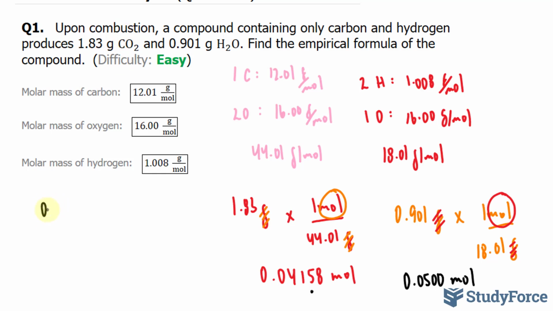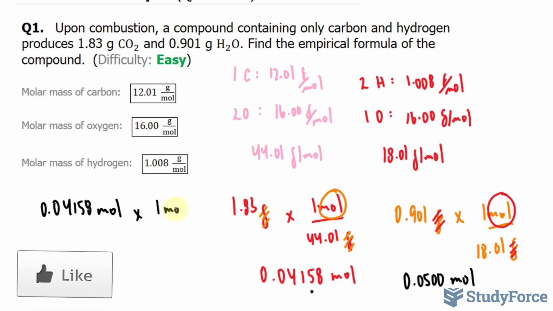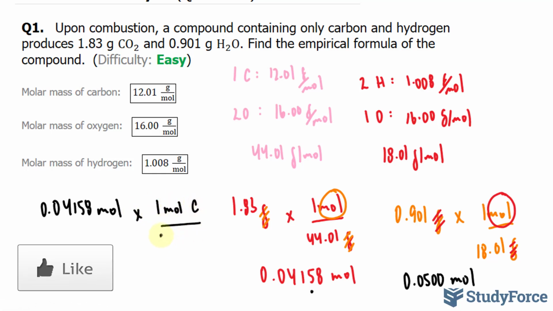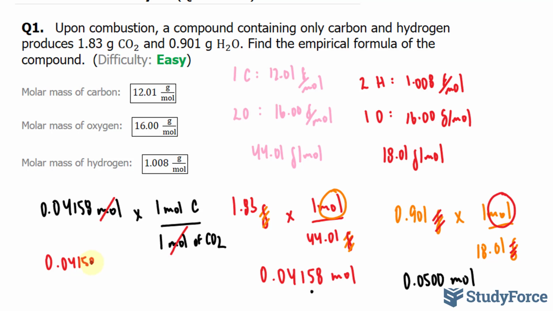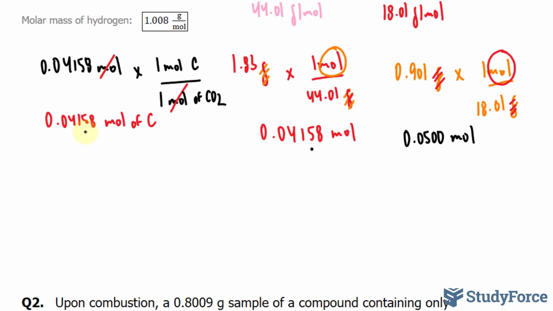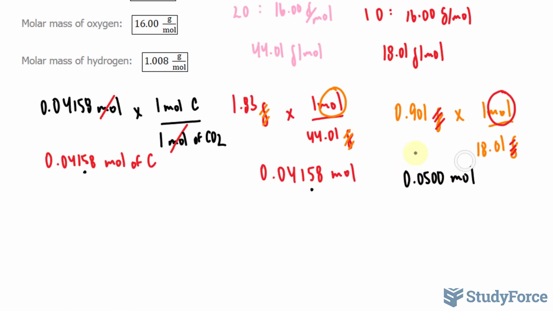So I'll take 0.04158 moles of CO2 times 1 mole of carbon over 1 mole of CO2. This mole unit cancels out with this mole unit, giving 0.04158 moles of carbon. Don't forget the dot underneath this 5. And now I'll do the same thing for hydrogen, but using this number.